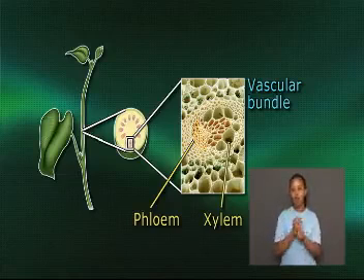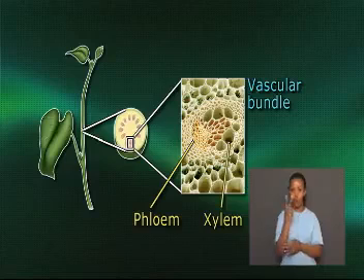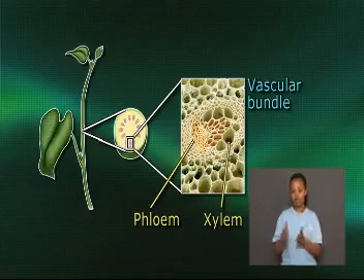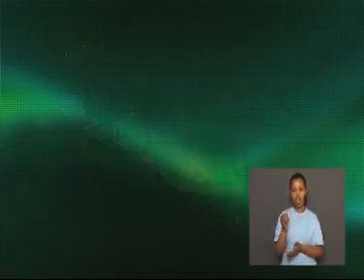We will learn about the two separate transport systems in plants that work together to distribute the necessary nutrients. Those systems are the phloem and the xylem.